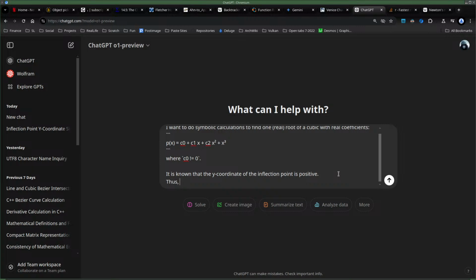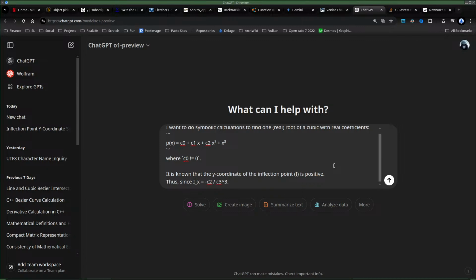Thus call that I, and we say I x is, what was it, minus C2 divided by C3 squared or something.